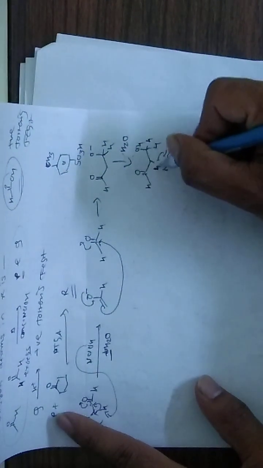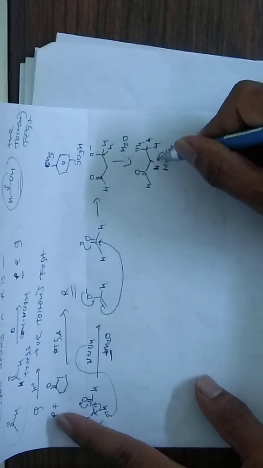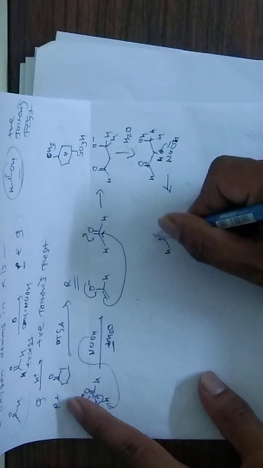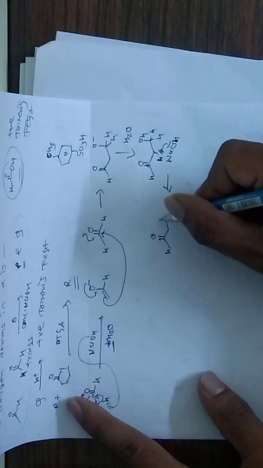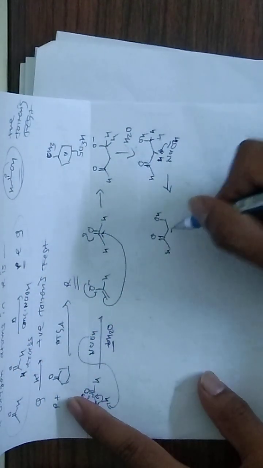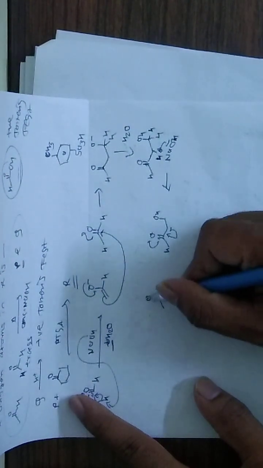Again the base is there, and this carbon again has two alpha hydrogen atoms. Among these, NaOH will again take an alpha hydrogen, since NaOH is also present in the reaction. The negative charge will again go there, and again formaldehyde is there, because formaldehyde is in excess.